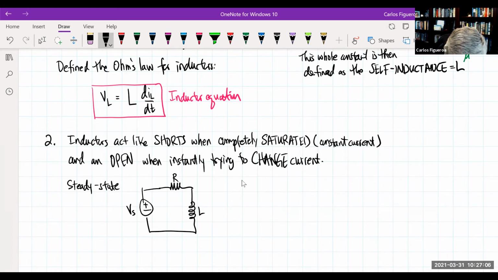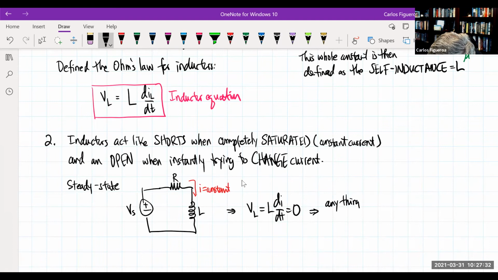What you're going to find here is that if I have a constant current, what this means here is that the voltage of the inductor, which is L di/dt, is clearly zero. Anything with V equal to 0 is a short.